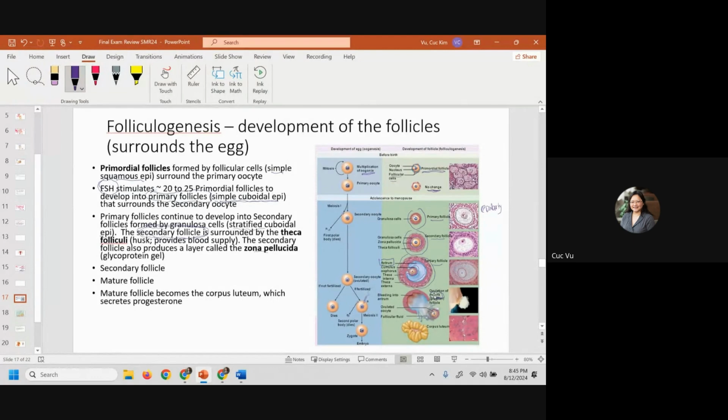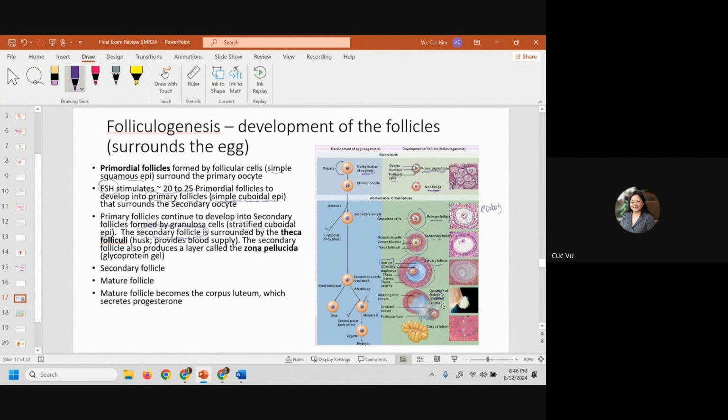Elevated levels of LH occur exactly at day 14, and that's when what happens? Ovulation? Yes. So that follicle is going to rupture, and it's going to release that egg. You can see that in this image right here. Okay, so that's what is released each month.